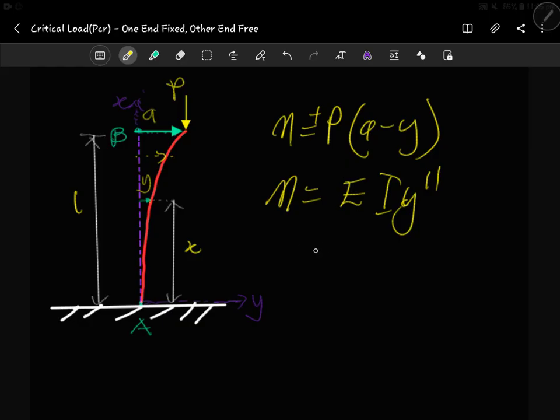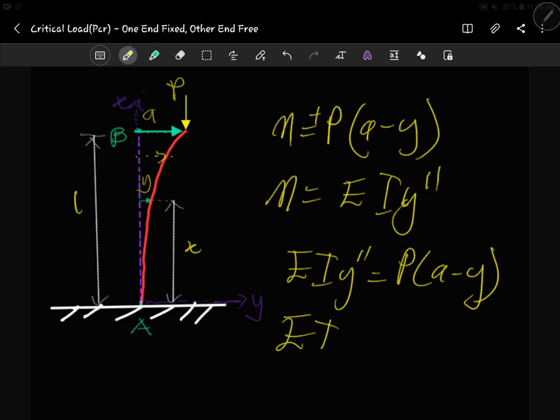Now we can equate these two and say that EI Y'' is equal to P times bracket A minus Y. When we expand this, we get EI Y'' equal to PA minus PY.